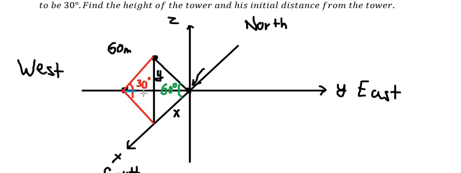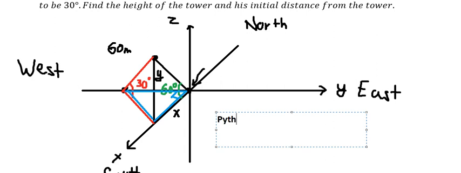If we look at this blue triangle here, we have a right angle. That means if we want to find the red side on the right, we can use the Pythagorean theorem.